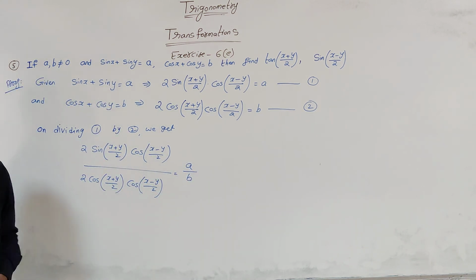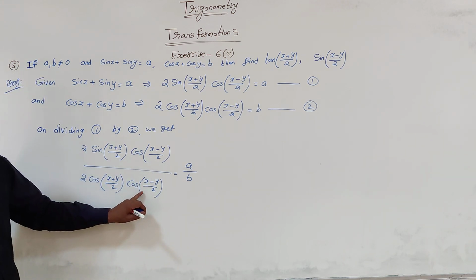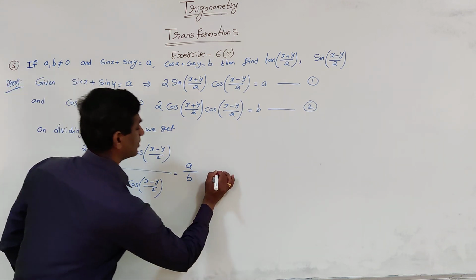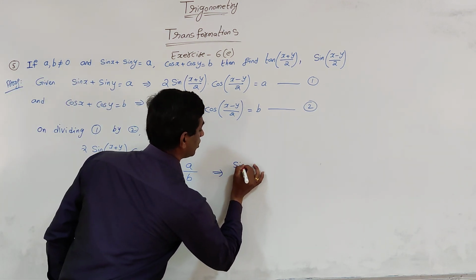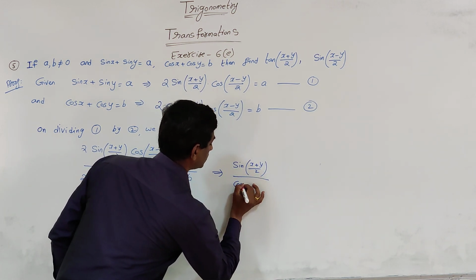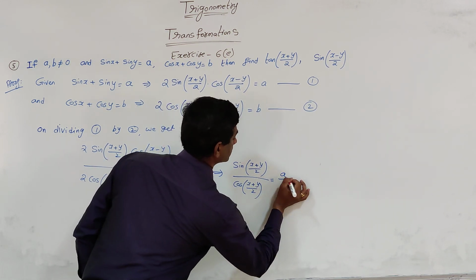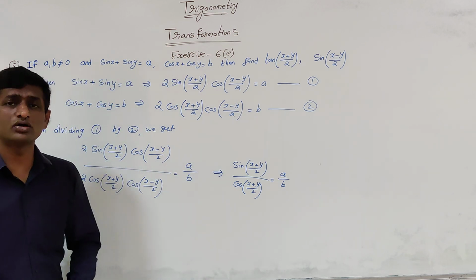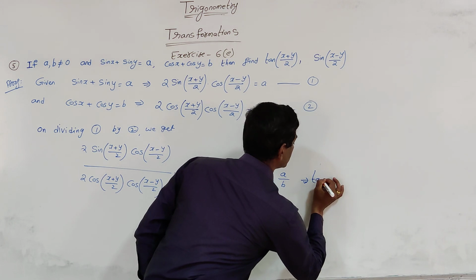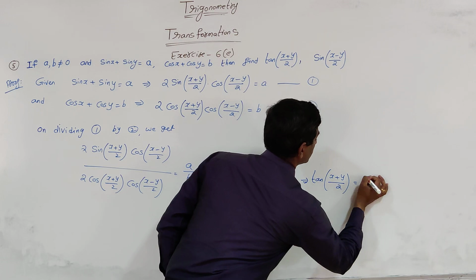Just we are dividing equation 1 and 2. So 2 gets cancelled, cos of (x minus y) by 2 gets cancelled. You will be left with sin of (x plus y) by 2 over cos of (x plus y) by 2 is equal to a by b. Now sin theta by cos theta is tan theta. So we get tan of (x plus y) by 2 is equal to a by b.